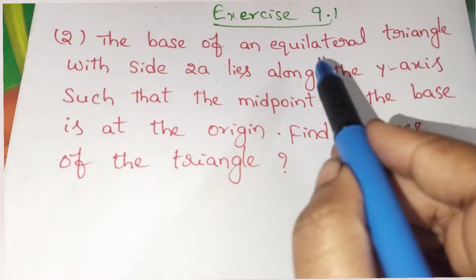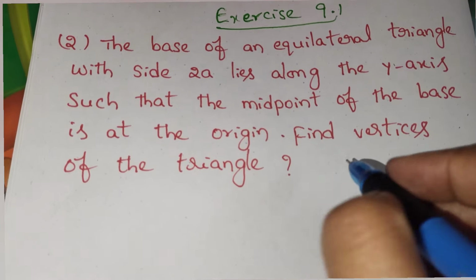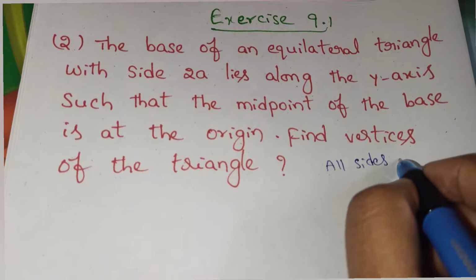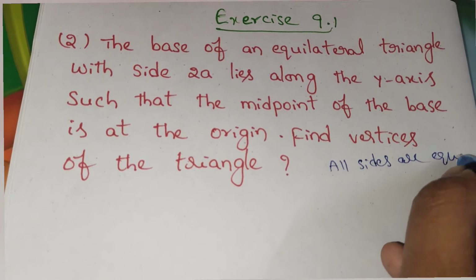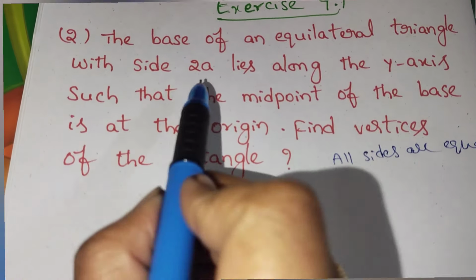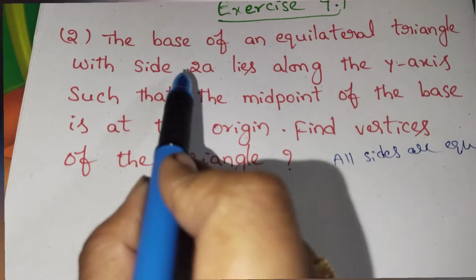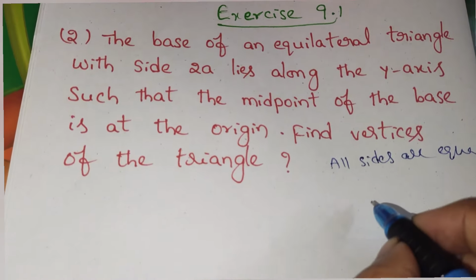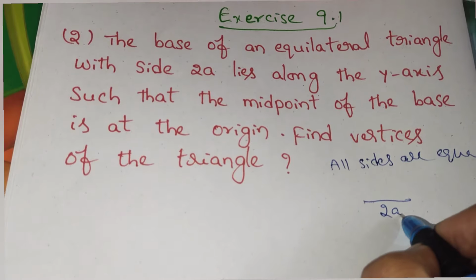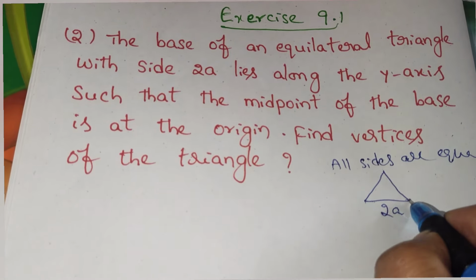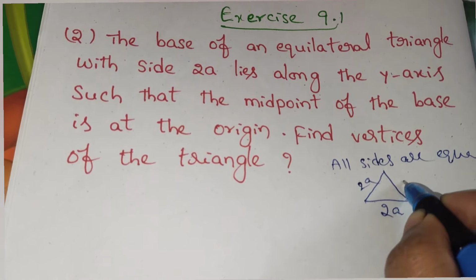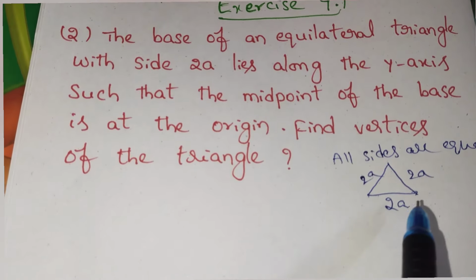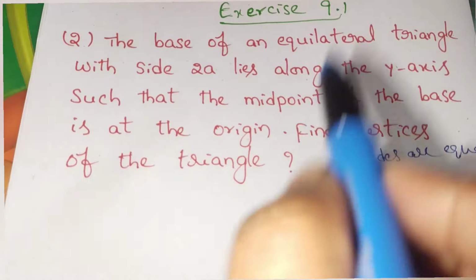Equilateral triangle means all sides are equal, and they gave side 2a. They said the base is 2a, which means the remaining two sides are also 2a. Correct.